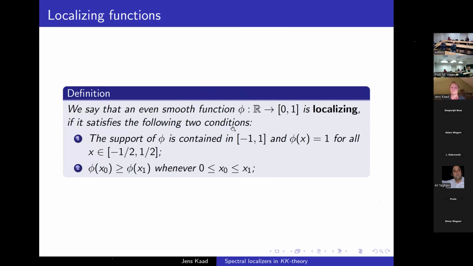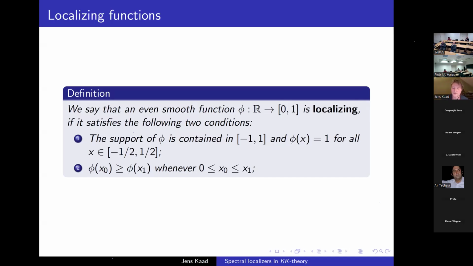This is just a smooth function defined on the real line with values in the closed unit interval. It has to be even, so the graph is symmetric around the y-axis. Then I have two conditions. The support has to be contained in the closed interval from -1 to 1.